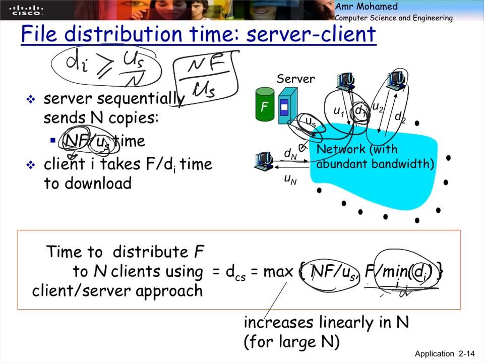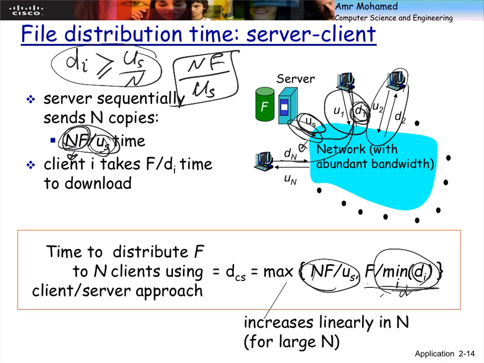If one of the DIs is less than US over N, then most probably this particular client will be a bottleneck, and the distribution time in that case will be F over this minimum DI. This is for the case of client server. If you have any confusion about this, we need to clarify because the next is even harder than this.